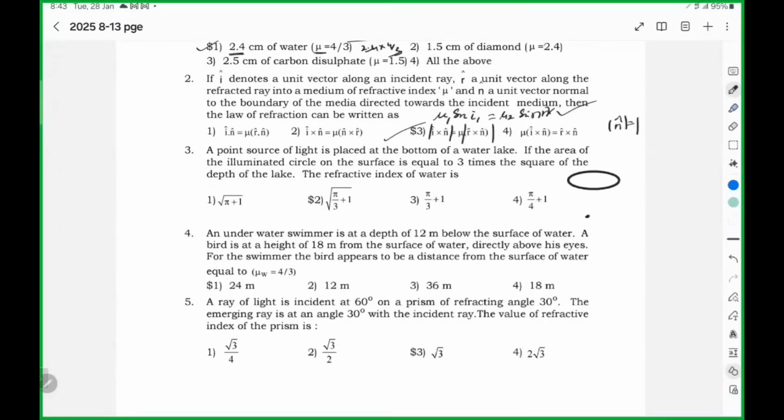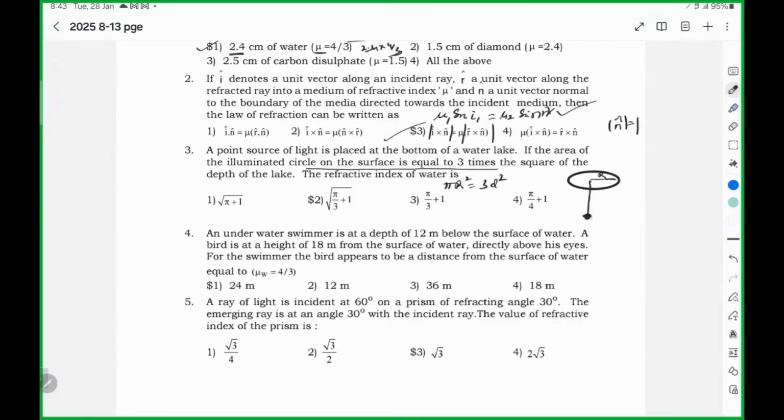Here, if the area of the illuminated circle on the surface is equal to 3 times the square of the depth of the lake. Here d is the depth of the lake, r is the radius, and what is given is the circle area is 3 times the square of the depth. Pi r square is 3 times the square of the depth. How do you get some region illuminated?